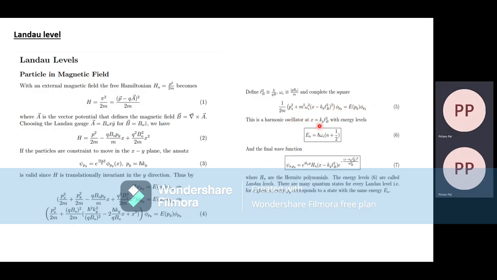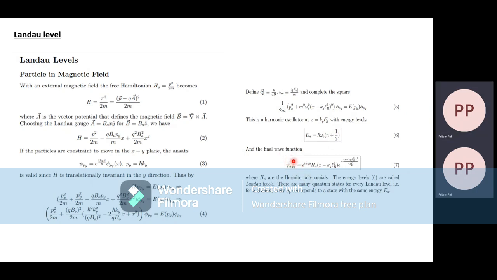Which is not exactly centered at x equals 0. It's off center by this much amount of x, which is ky lB squared, and the energy levels are En equals h cut omega c times n plus half.